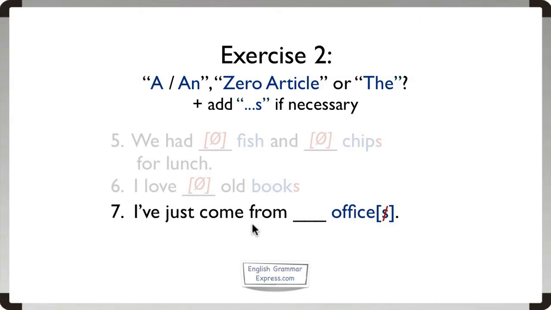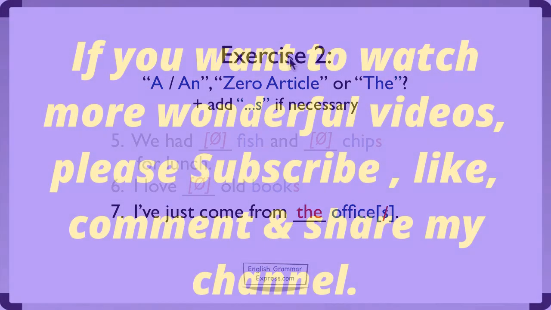Well, in this sentence, as I've said, it's probably my office I'm talking about, so it's a particular office. In that case, we should use the. I've just come from the office, and the person I'm talking to knows which office I'm talking about. So that's the end of exercise 2.